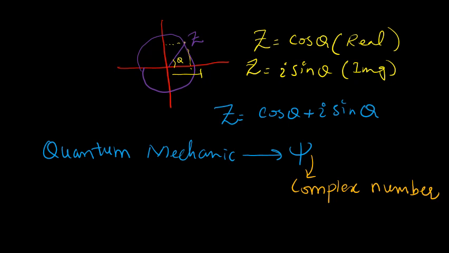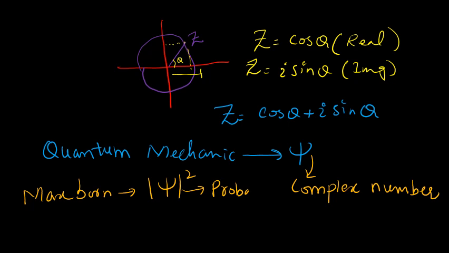Max Born interpreted the square of the norm of the wave function, the amplitude squared, as encoding the probability.